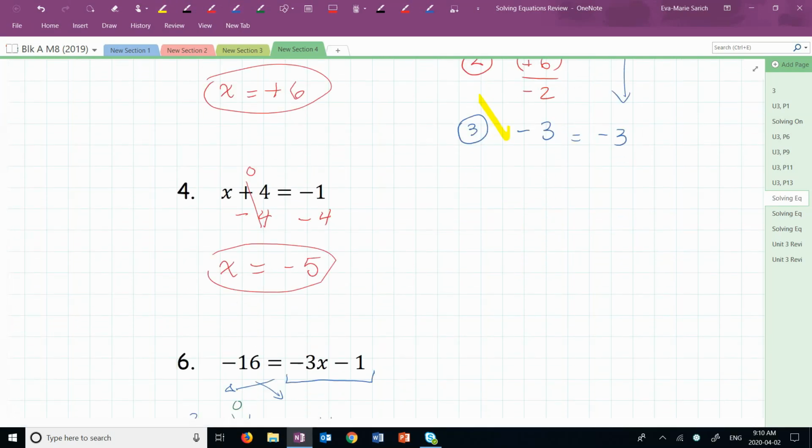Okay, let's try another one here. Example 4. We're going to write out the original equation: x plus 4 is equal to -1. We're going to take out the x and substitute our answer in using a bracket. So x is going to become -5.